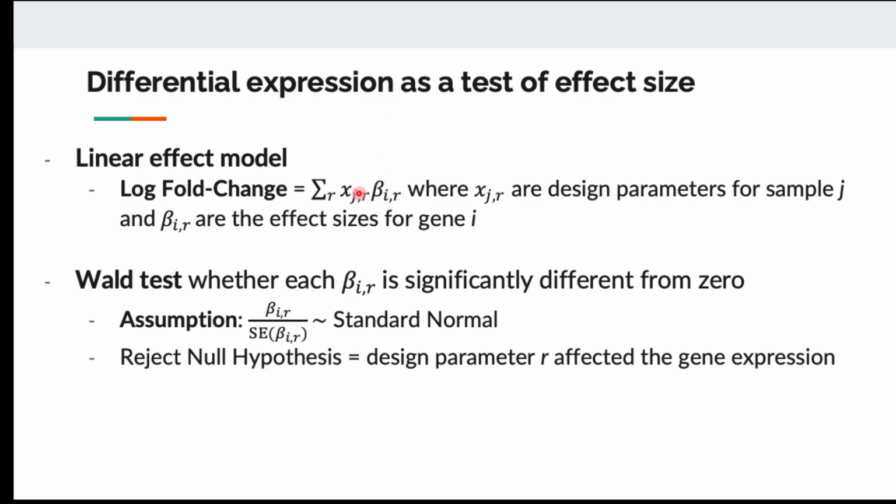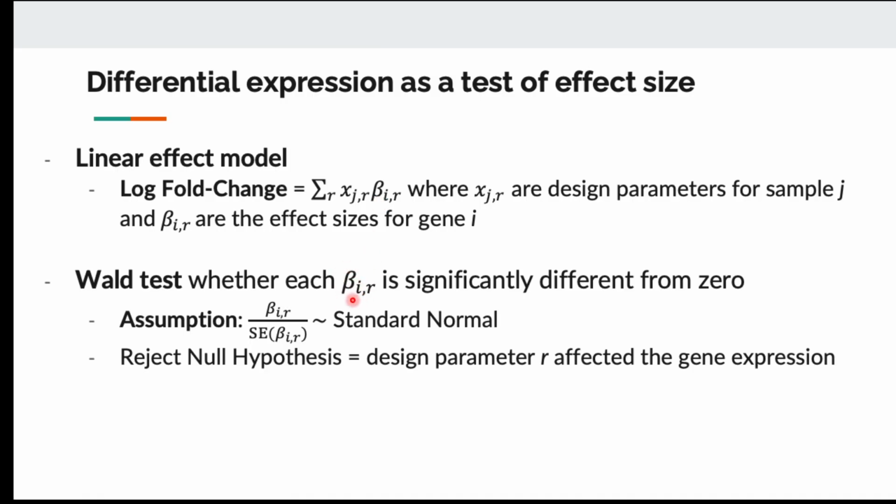So we are incorporating all the design parameters like treatment, control, dosage. If those factors do not have any impact on gene expression, the beta should be 0, because you don't want any effect from that parameter.